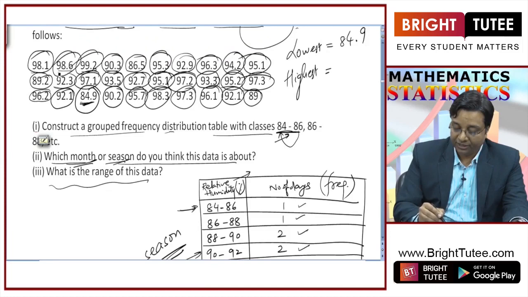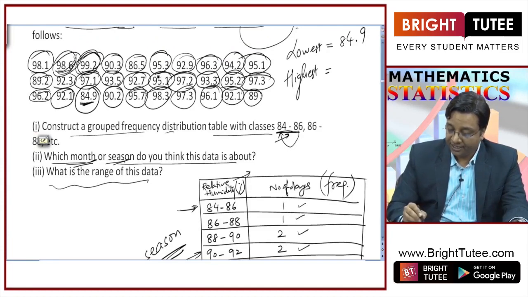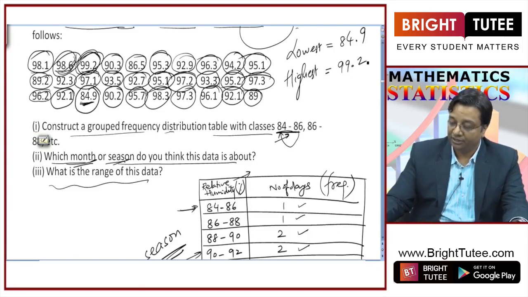This is 98.1, 98.6, which is closer to 100. 99.2 is even closer. And is there any number which is bigger than 99.2? No. So highest is 99.2.